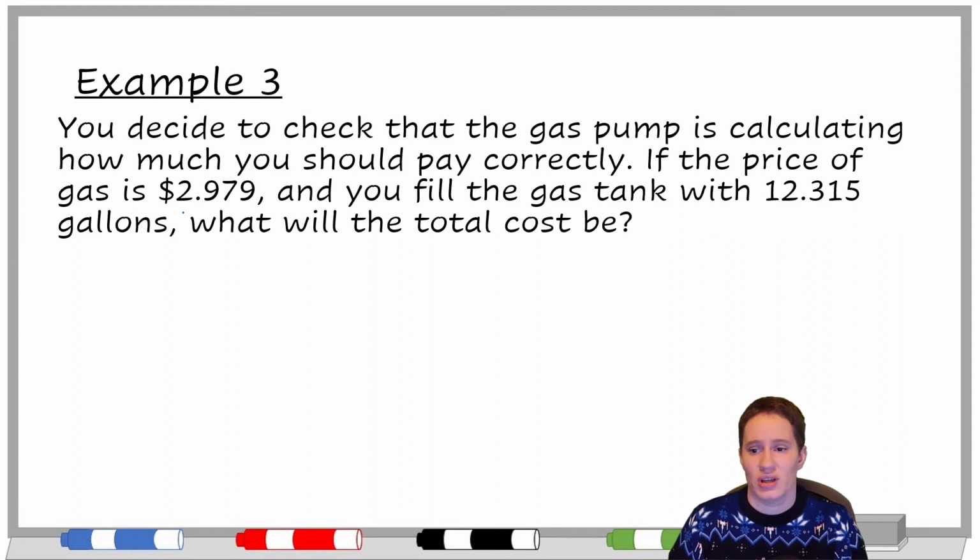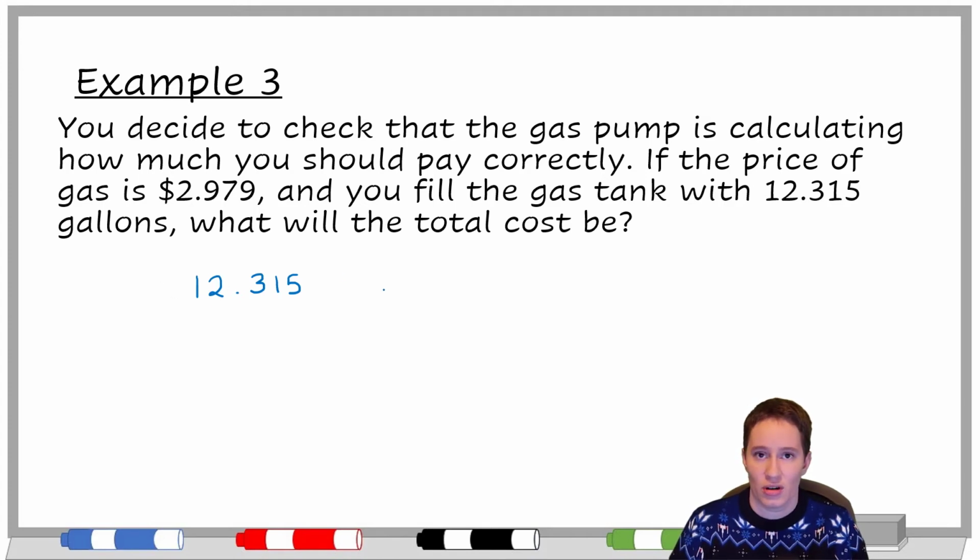Now, we generally write the longer number, not necessarily bigger, but longer number first, so 12.315. And see if that makes sense to you, by the way, that multiplying is what we should do here. We filled up our gas tank with 12 gallons and a little bit more, 12.315, and this is how much it costs for each gallon. So when we have a cost per something, we multiply to figure out what the cost will be based on how much we're getting.